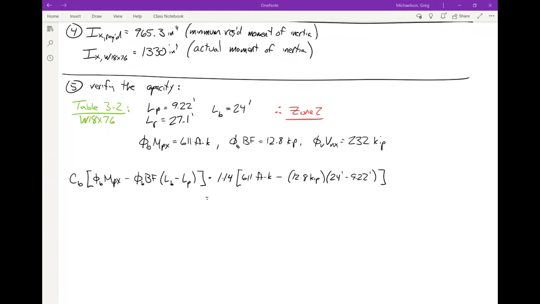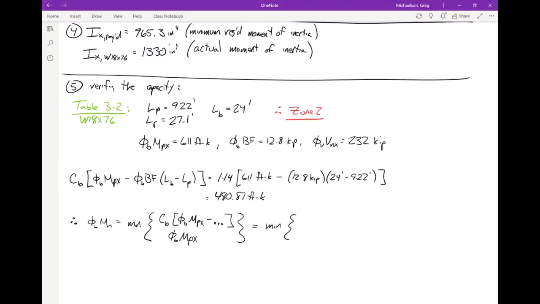There we go. All right. So 480.87 foot-kips. So therefore, and if you can't see me writing, let me know. So phi MN, not min, is the minimum of CB times phi MP minus, and I'm going to say all that stuff that we just did because I'm not going to rewrite all that, or phi MP.